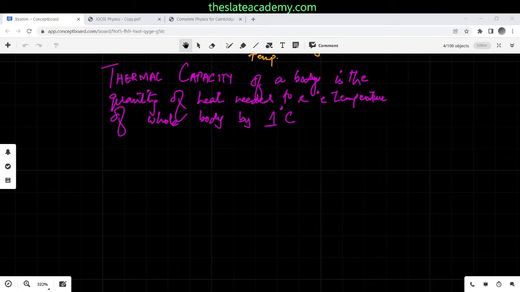Thermal capacity and specific heat capacity: specific heat capacity is for just 1 kg of the substance. Thermal capacity is for whatever mass.